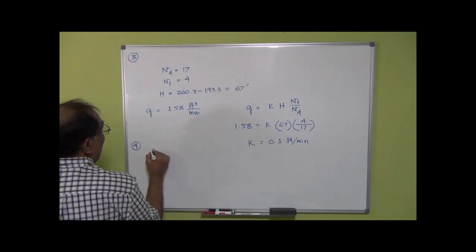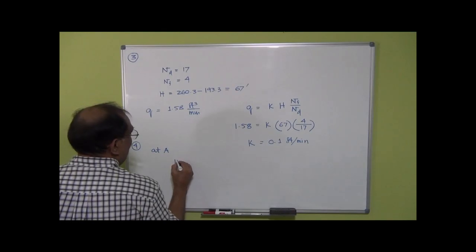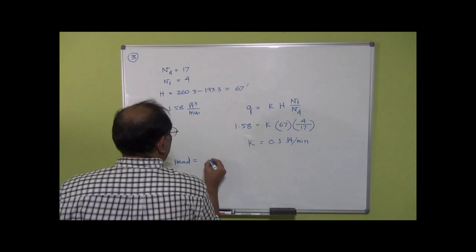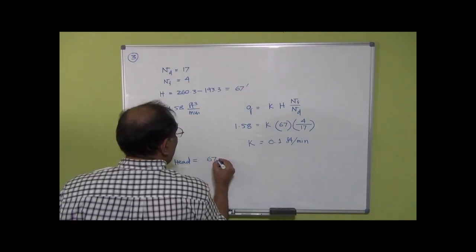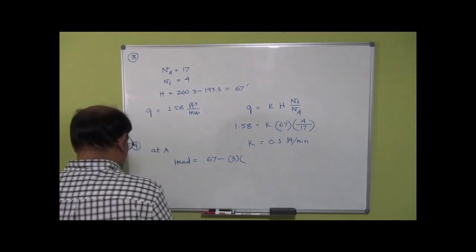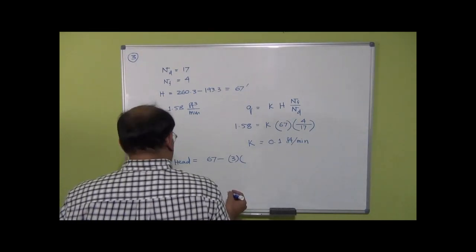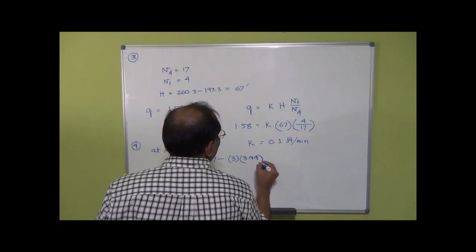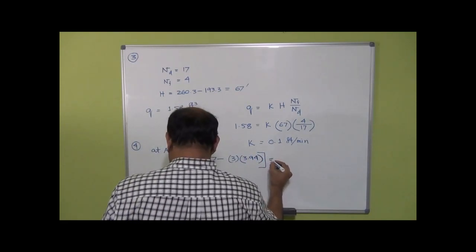So at A, your head would be 67 minus 3 into the equipotential drop, which is basically 3.94.